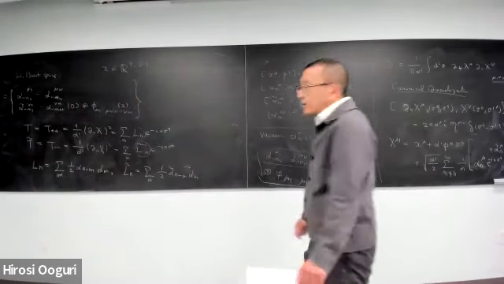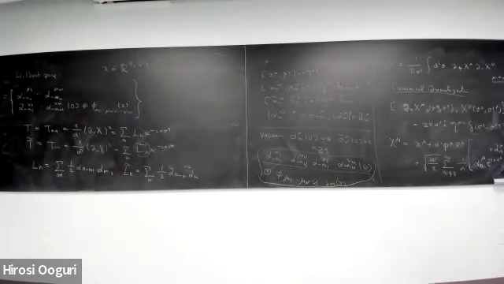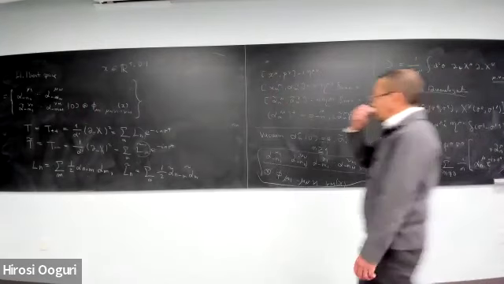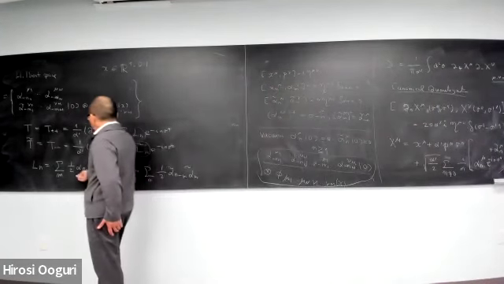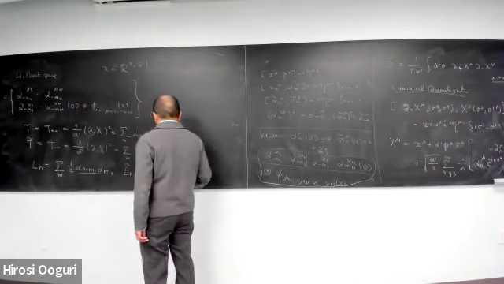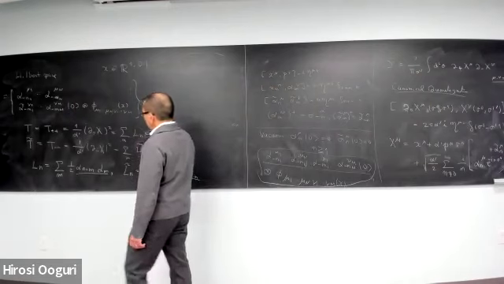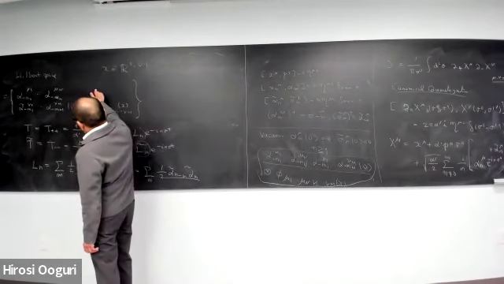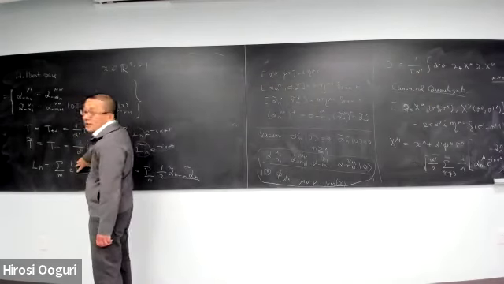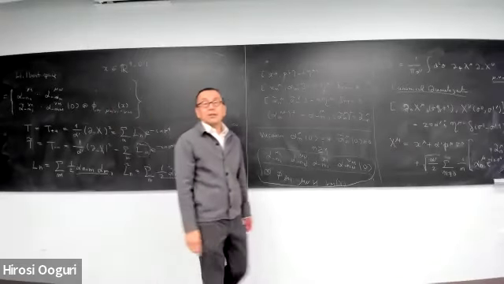So the task seems to be very simple. We have this quadratic combination of harmonic oscillators, and we just need to find the subspace of the Hilbert space which satisfies the condition that it is annihilated.